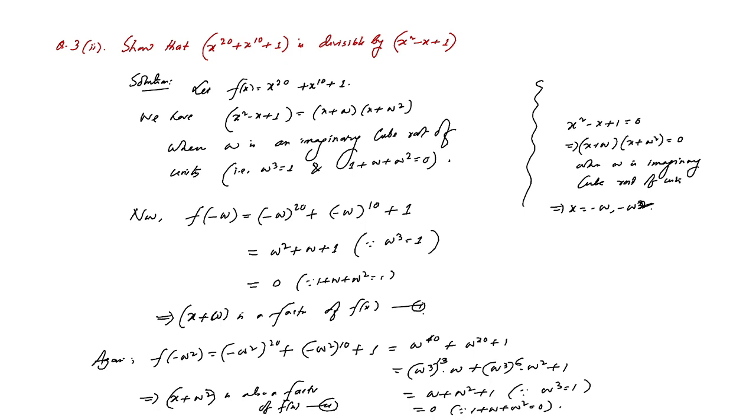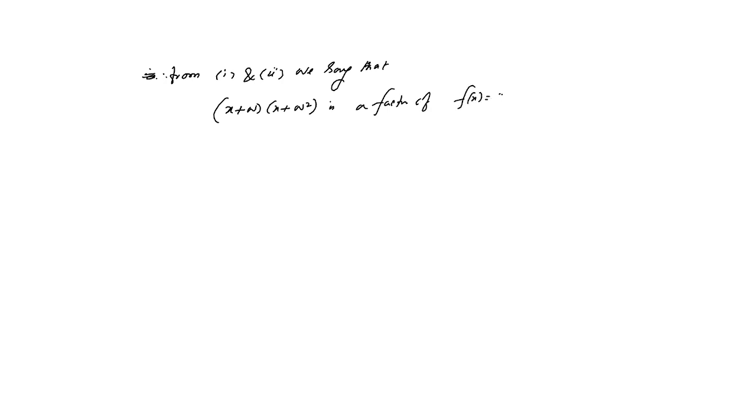And from 1 and 2 we can say, therefore from 1 and 2 we say that (x plus omega) into (x plus omega square) is a factor of f(x), x to the power 20 plus x to the power 10 plus 1.